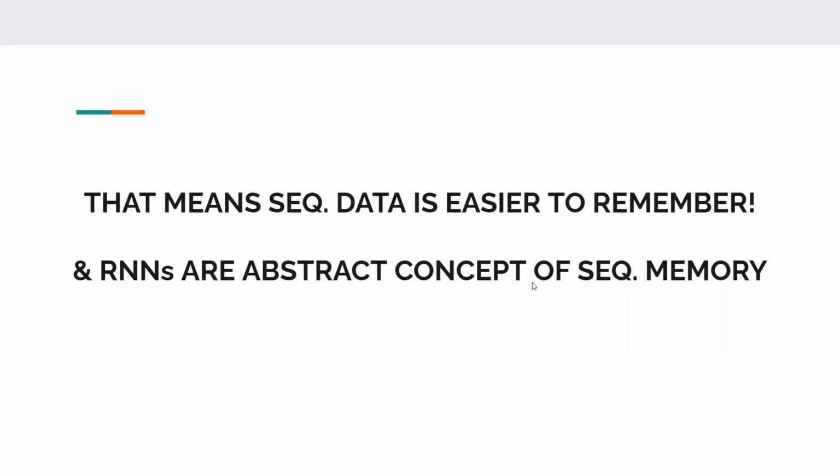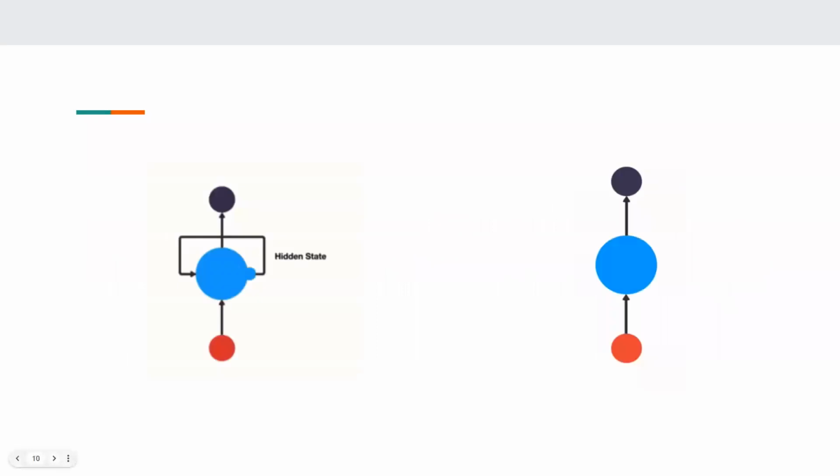RNNs are abstractions of the concept of sequential memory. Now let me discuss the RNN architecture, how RNN neurons look. Now there are two neurons you can see. Let me annotate again. This is one neuron, this is one neuron.